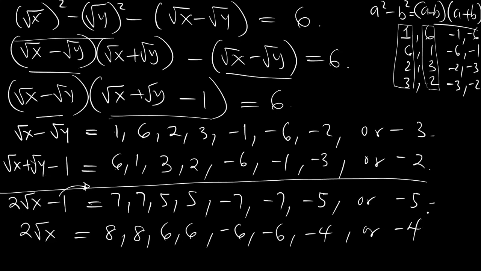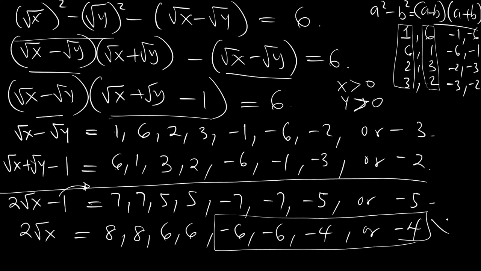Now, since we are considering the value for x greater than 0 and y greater than 0, this is not part of the solution. So this is out. So now we'll work with only this. So that means you have 2 root x equal to 8 or 6.